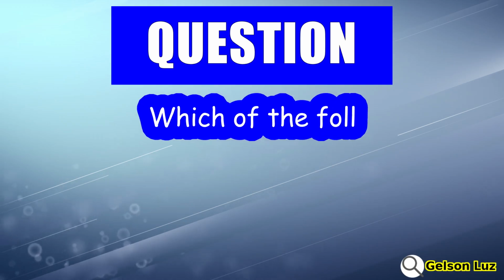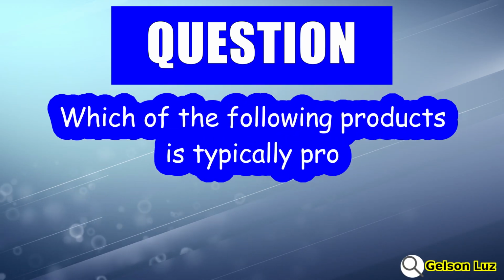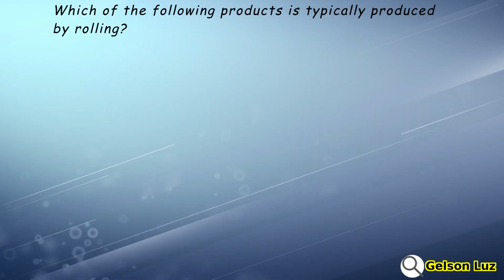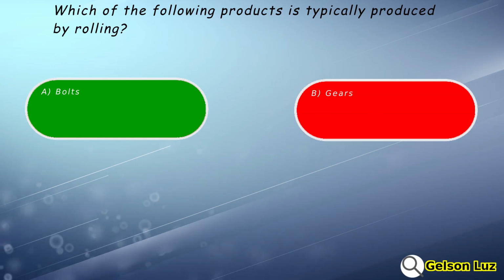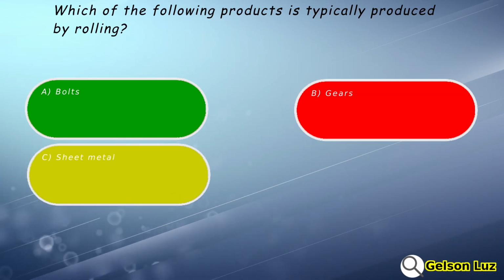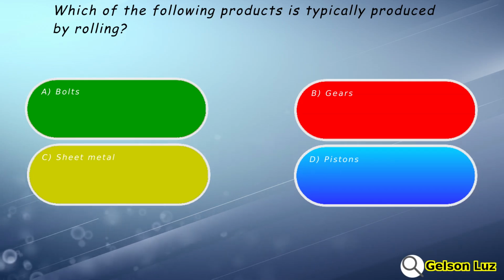Which of the following products is typically produced by rolling? A. Bolts. B. Gears. C. Sheet metal. D. Pistons.